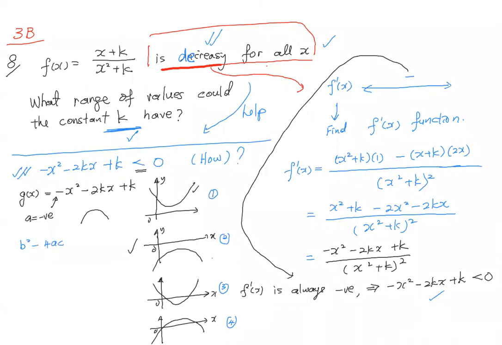So for me, I will always memorize: if I see a quadratic function and I want to solve a certain quadratic inequality, I will think of b squared minus 4ac. So in this case, should b squared minus 4ac be greater than 0, less than 0, or equal to 0? Less than 0. Why less than 0?